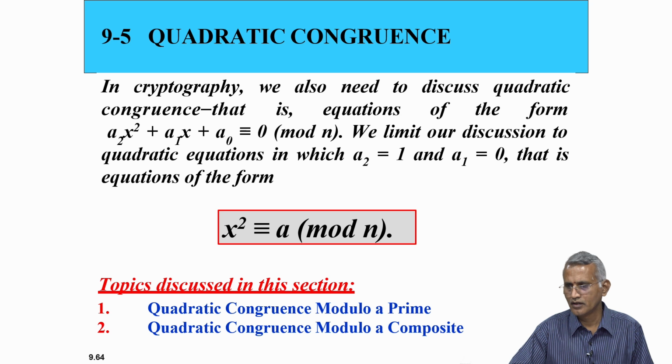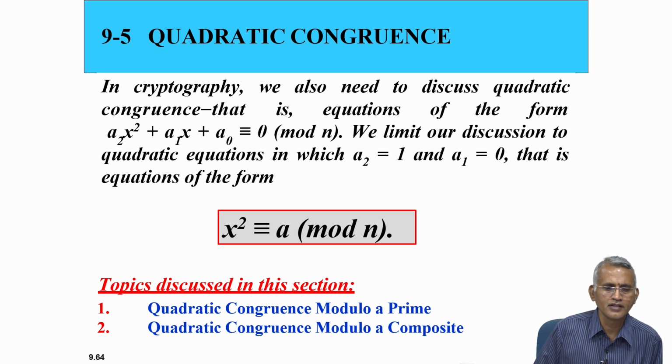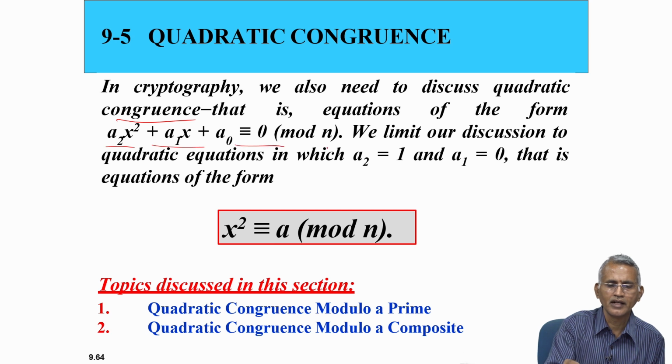Now we are going to discuss the continuation of congruences. Next we have quadratic congruences. In cryptography we also need to discuss quadratic congruences, that is, equations of the form a2 x square plus a1 x plus a0 is identically equal to 0 under modulo n.